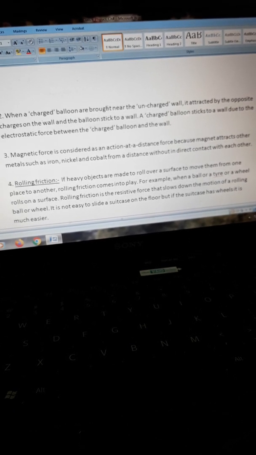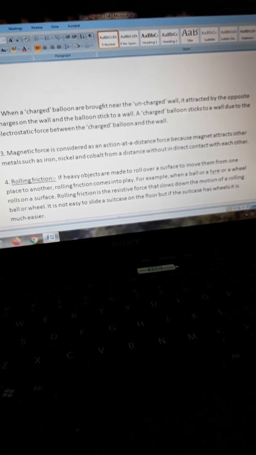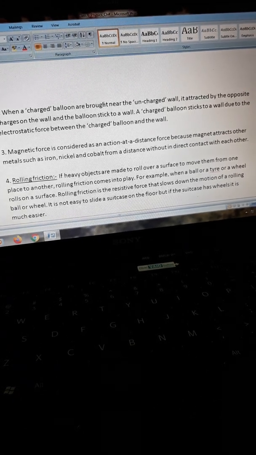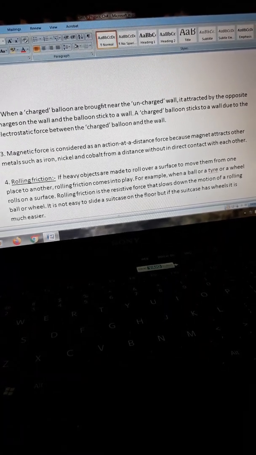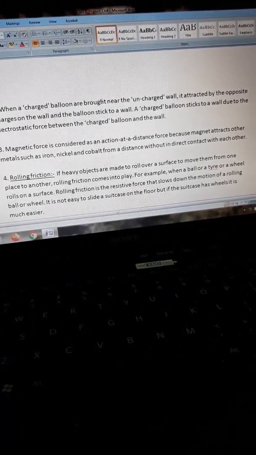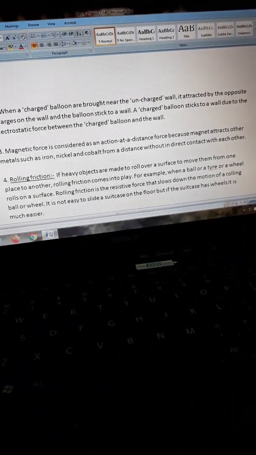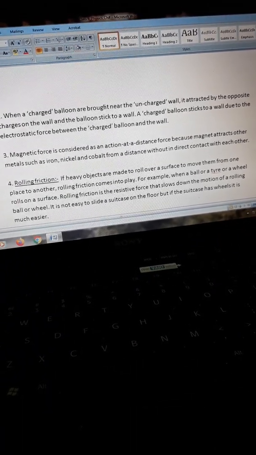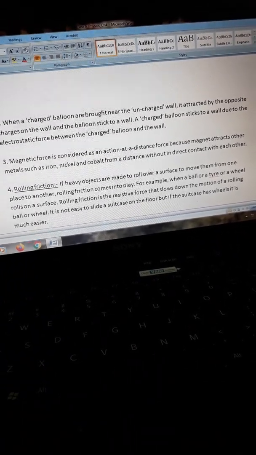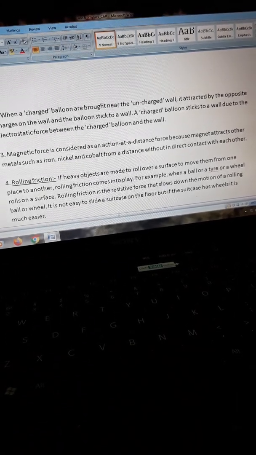For example, when a ball or a tire or a wheel rolls on a surface, rolling friction is the resistive force that slows down the motion of a rolling ball or wheel. It is not easy to slide a suitcase on the floor, but if the suitcase has wheels, it is much easier to move from one place to another.